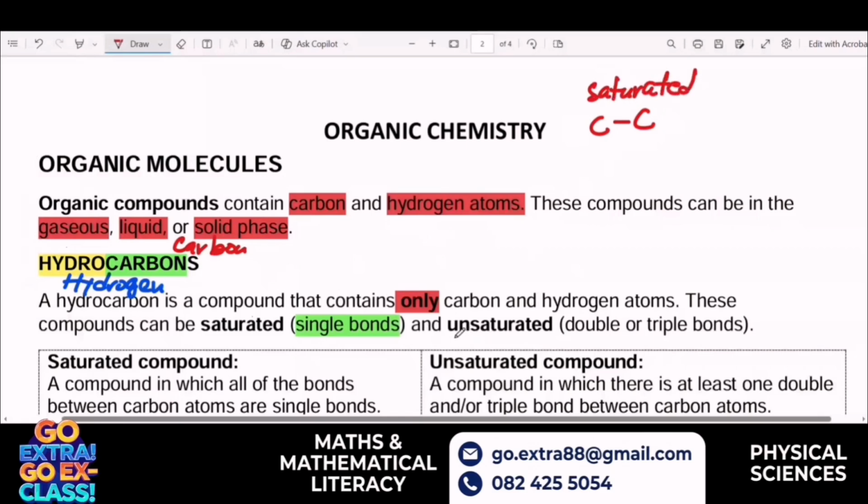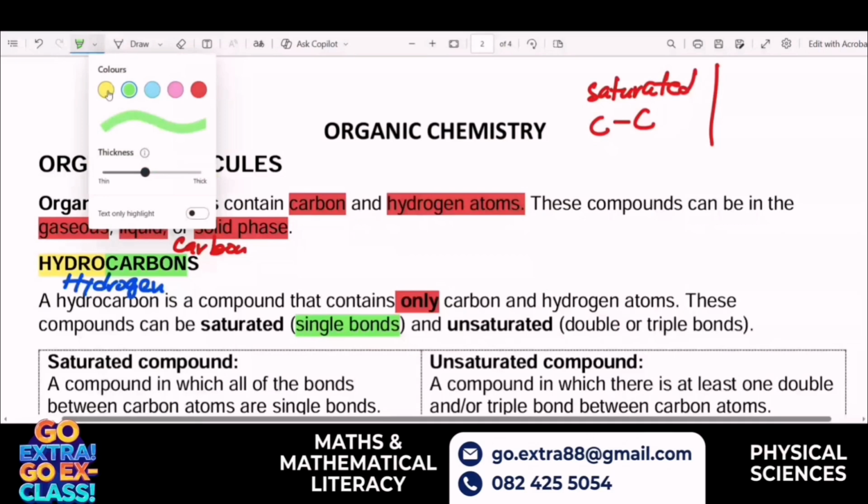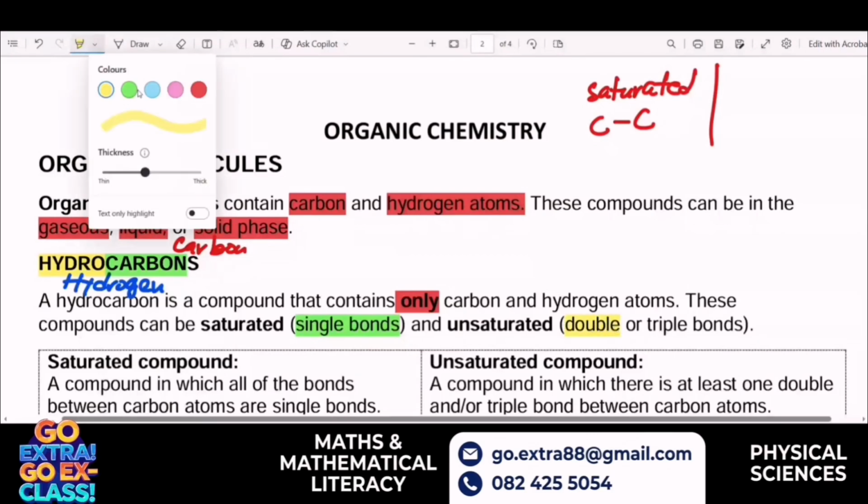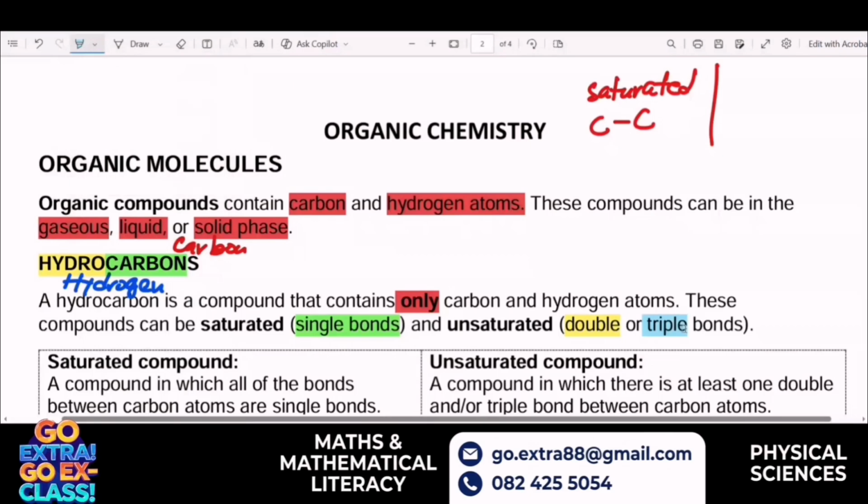Now we also have hydrocarbons which are unsaturated. By unsaturated, we mean that these hydrocarbons have a double bond, and also a triple bond, between their carbons.